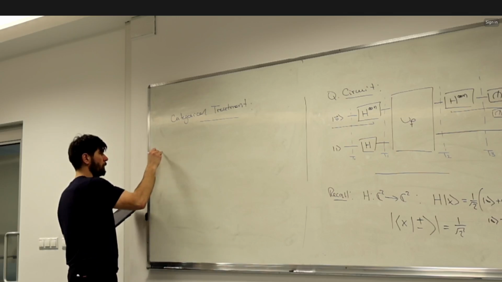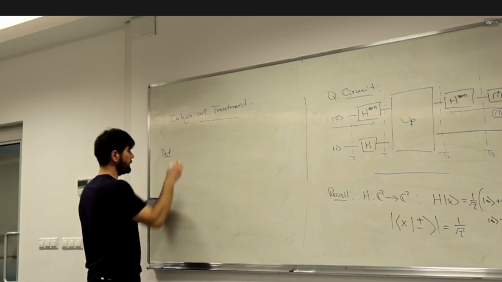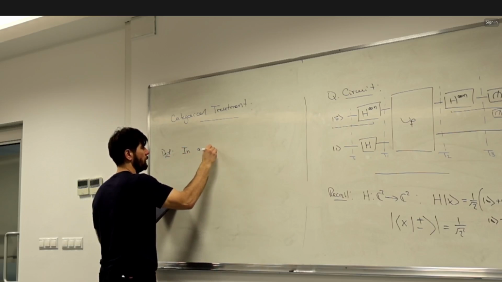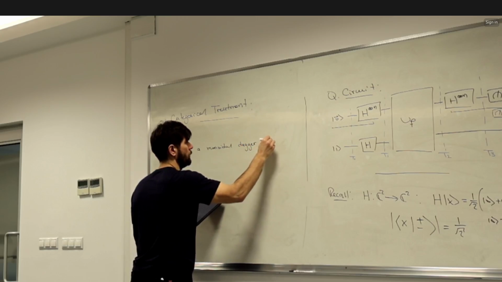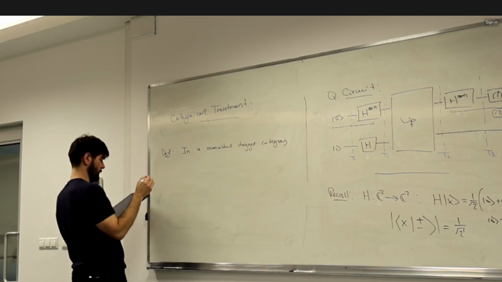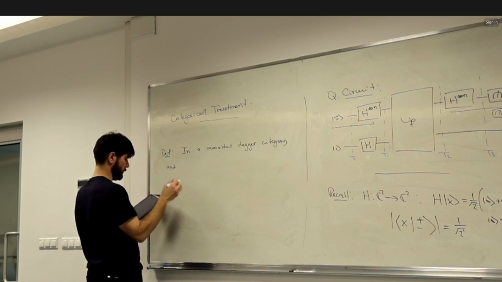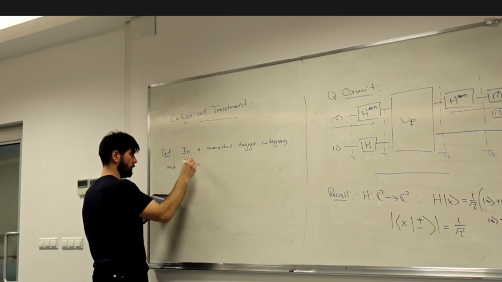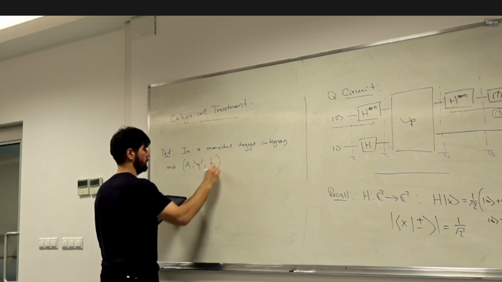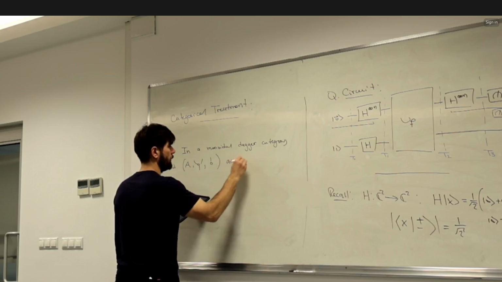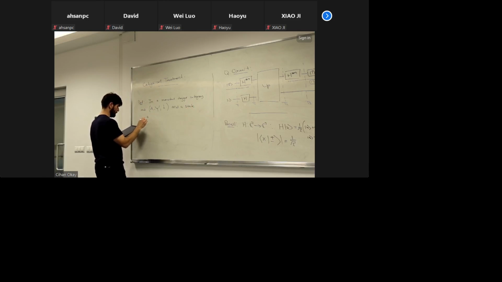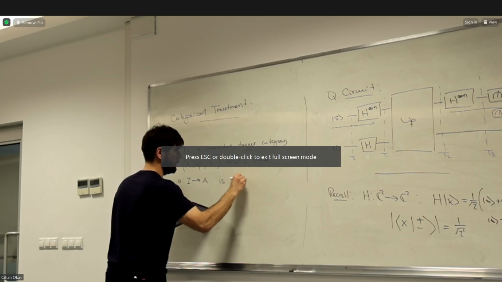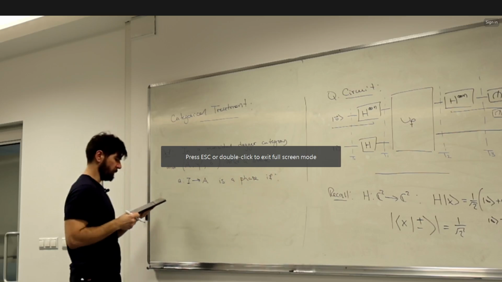So we have, in a monoidal dagger category with a Frobenius structure A and a state, maybe I wrote this a little bit awkwardly English-wise, a state is a phase if it satisfies the following.